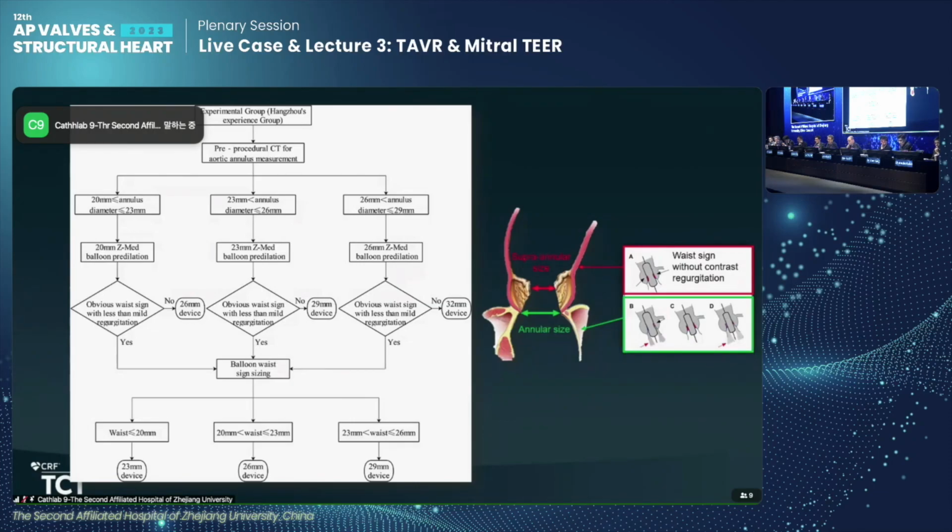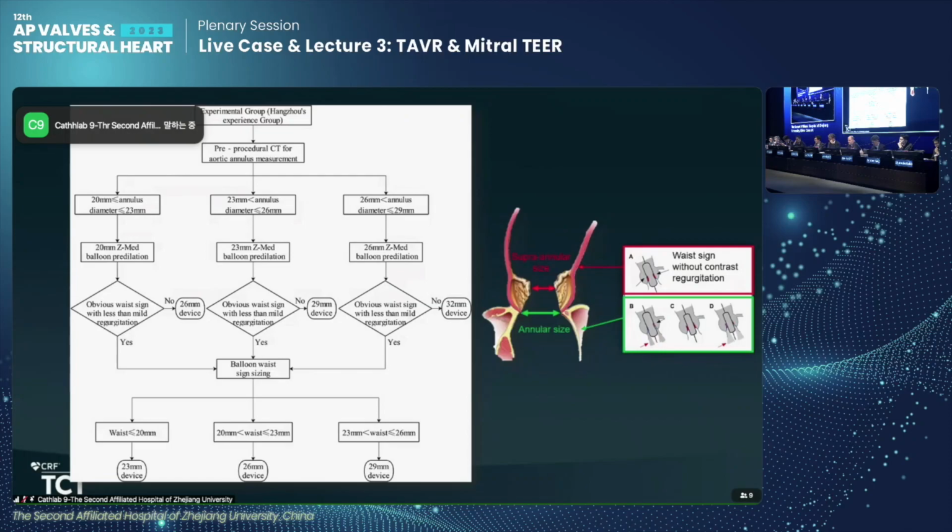During the inflation with simultaneous angiography of the ascending aorta, if the patient has a clear waist sign without contrast regurgitation, then we make a decision on how big a device we need.